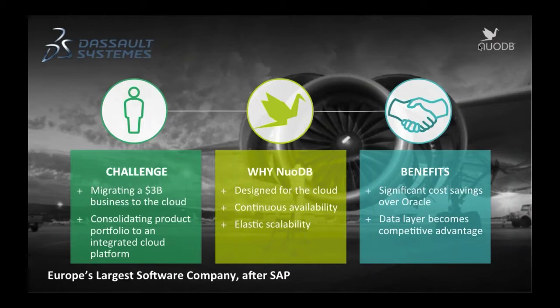We allow them continuous availability and the ability to elastically scale as demand grows in their customer environment. From a benefit perspective, there was a significant cost savings over Oracle, and in their environment, the data layer becomes a competitive advantage. It allows them to provide different features and functionality within their application layer to take advantage of the cloud architecture that is provided through a NuoDB data management system.